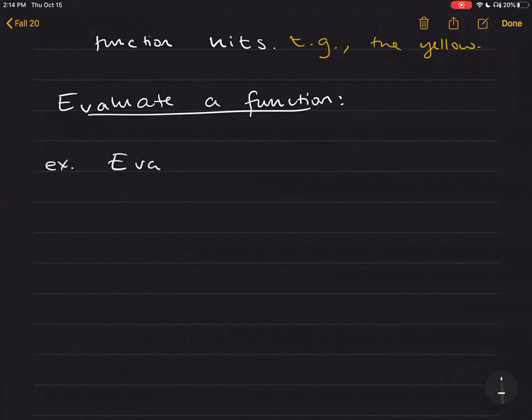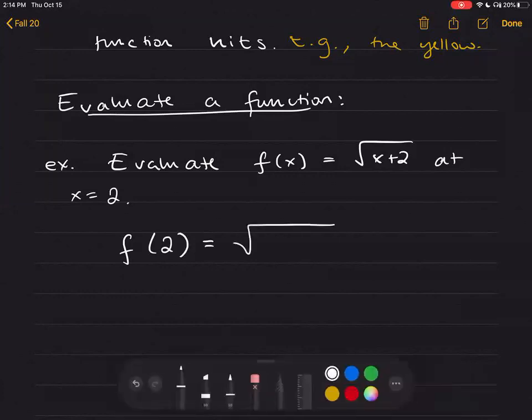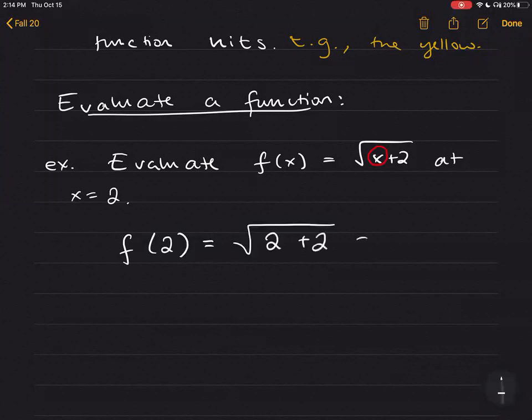For example, we want to evaluate f of x equals square root of x plus 2 at the point 2. To do that, we take f of x, and everywhere we're seeing x, we replace it with 2. In the function, there's just one x, right here. So we replace that x with 2. We get square root of 2 plus 2, and that's just square root of 4, which is 2. So this is our answer.